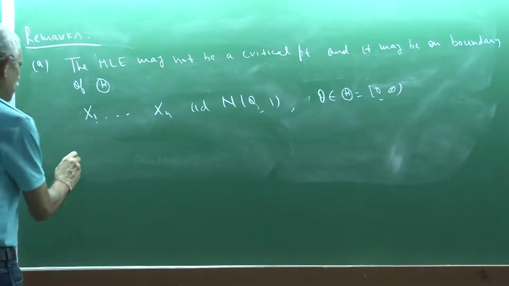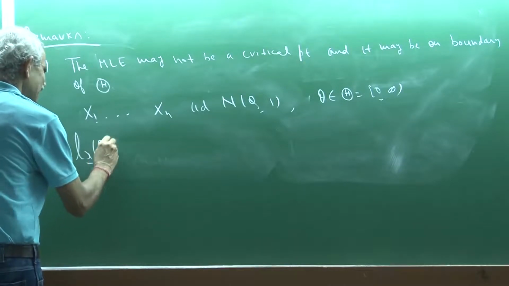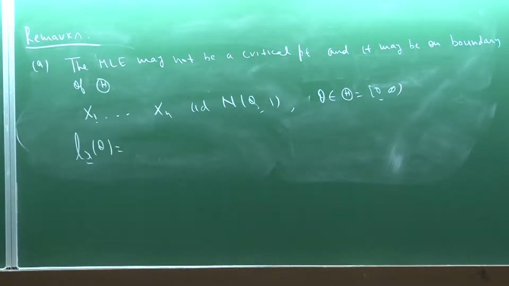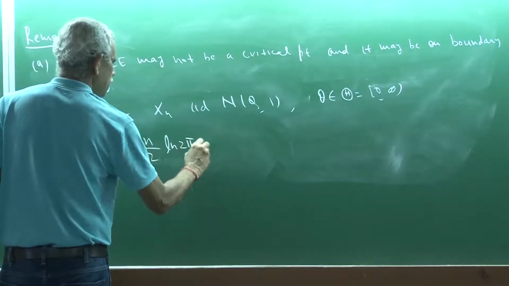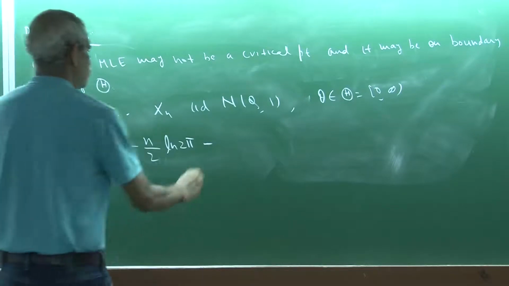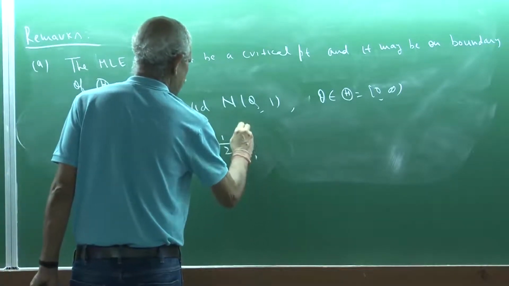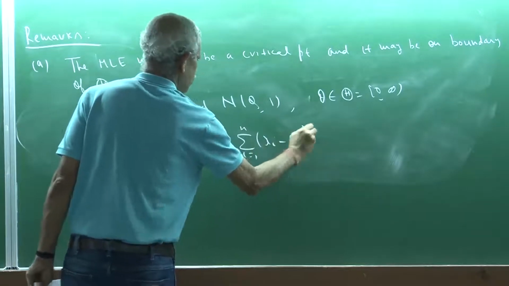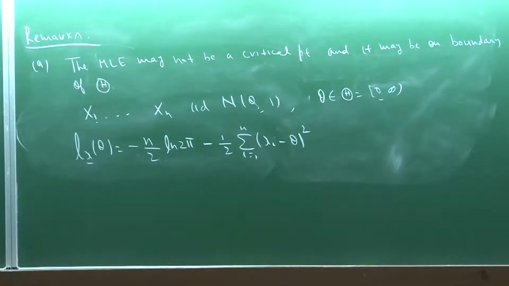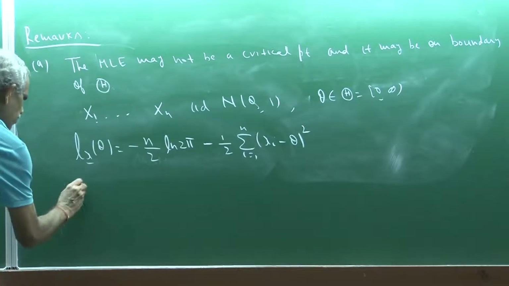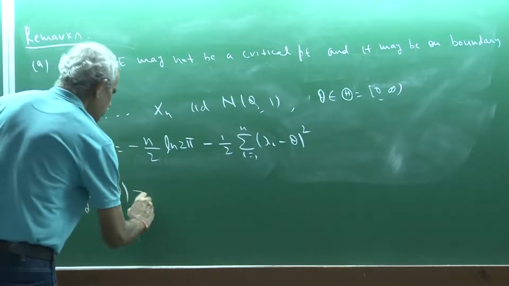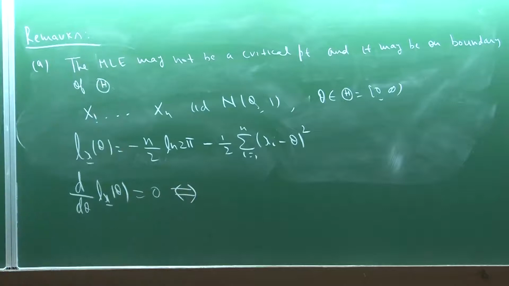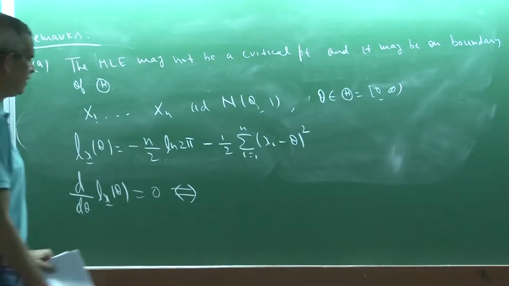So let us try to see what l(x, theta) is. You must have done it many times in your earlier course. It is minus n by 2 log 2 pi minus 1 by 2 summation i equal to 1 to n of (xi minus theta) whole square. Now there is only one parameter, so d by d theta of l(x, theta) equal to 0 implies that theta is equal to x bar.